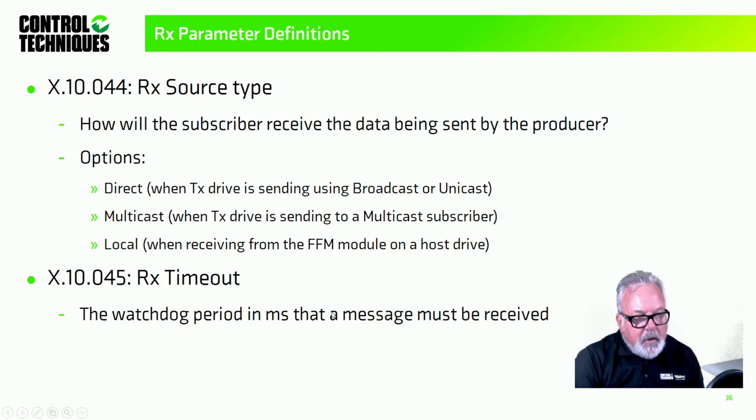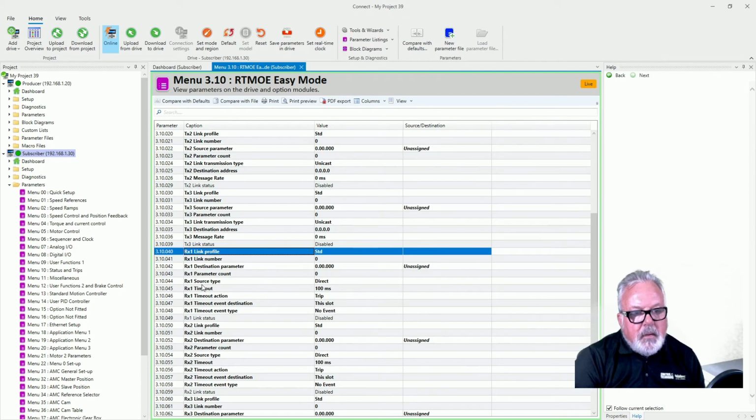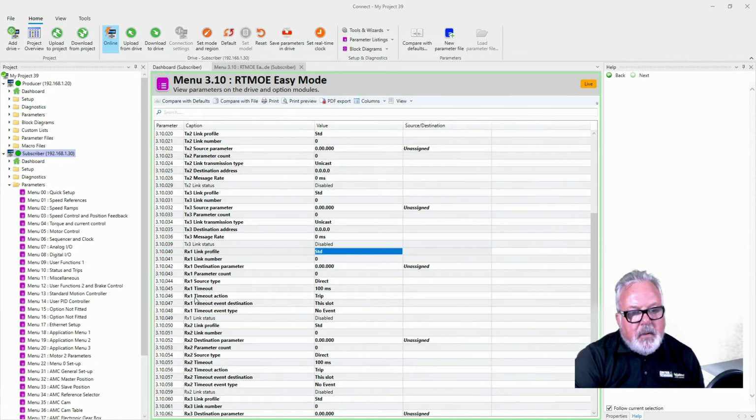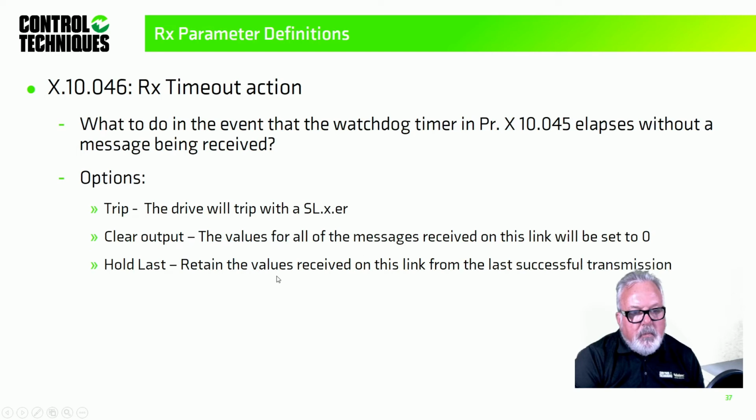So let's go back and look at Connect quickly here. So here they are, timeout. Now what I'm going to describe next in the slides is the timeout action. This is more important than what you might think. What am I going to do as a receiver or as a subscriber in the event that the watchdog timer elapses without a message being received?